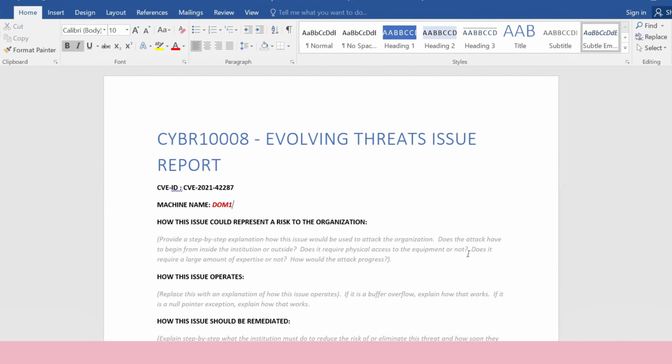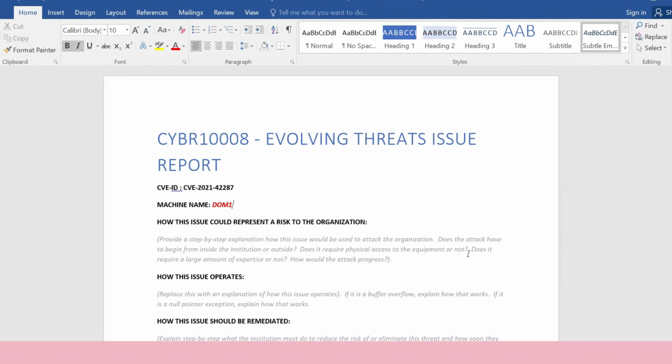But here they said a large amount. I don't think it requires a large amount of expertise, but it requires some expertise and then the right tools. This is publicly available stuff, so maybe not large, in my own opinion.